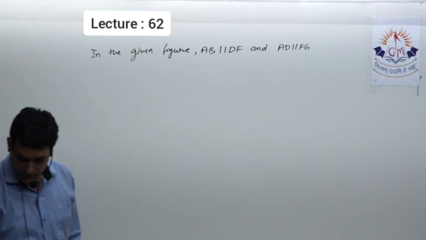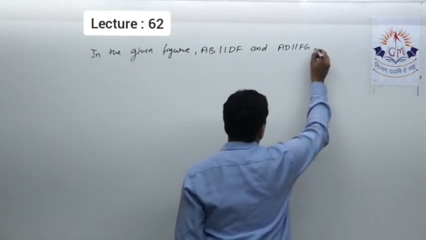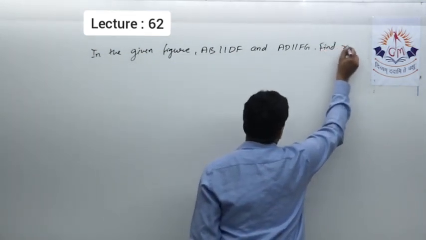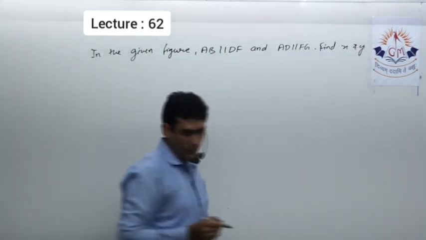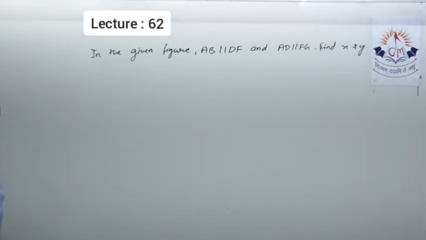Find X and Y. So a diagram is given, then you have to find the values of X and Y.